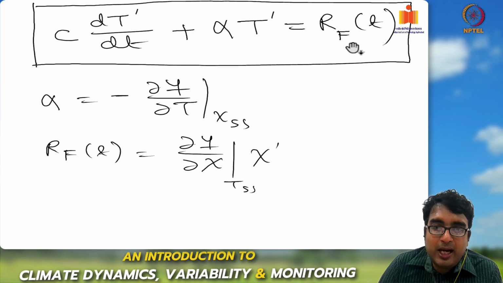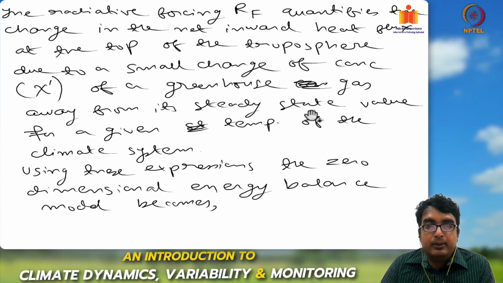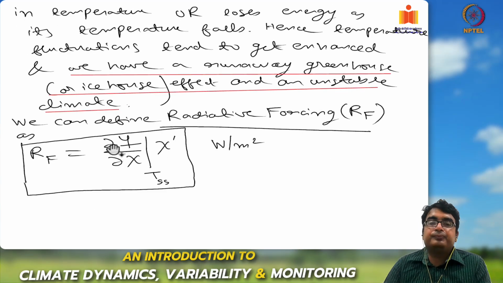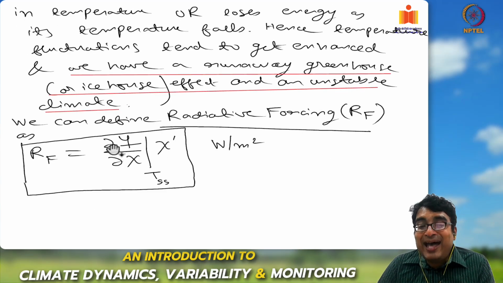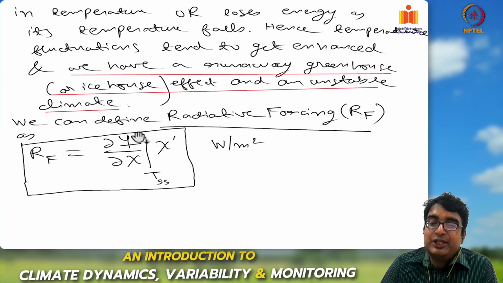So for most greenhouse gases, the radiative forcing term is positive. So what that means is, you go back here, as the greenhouse gas concentration increases, the net incoming radiation also increases.